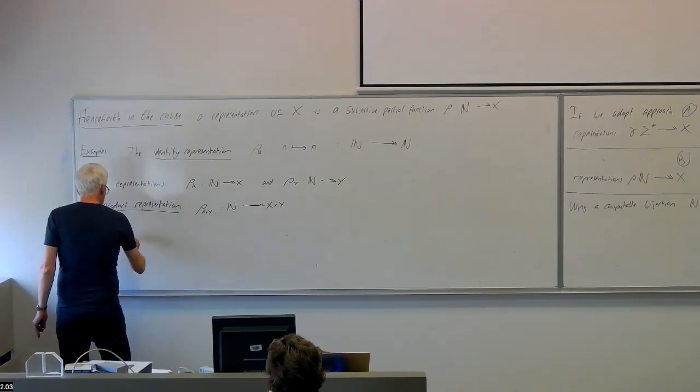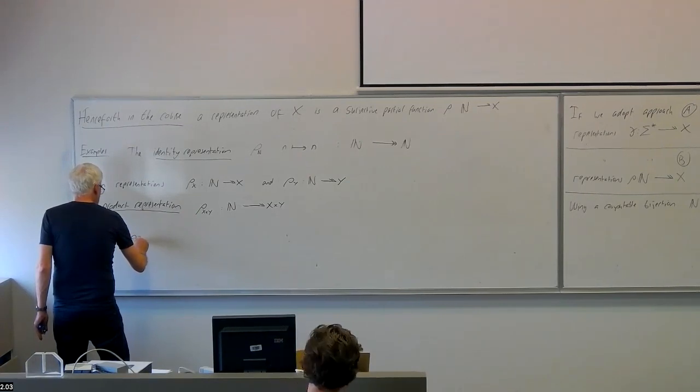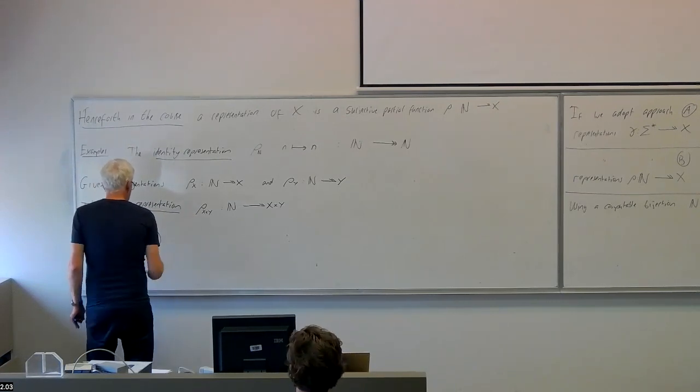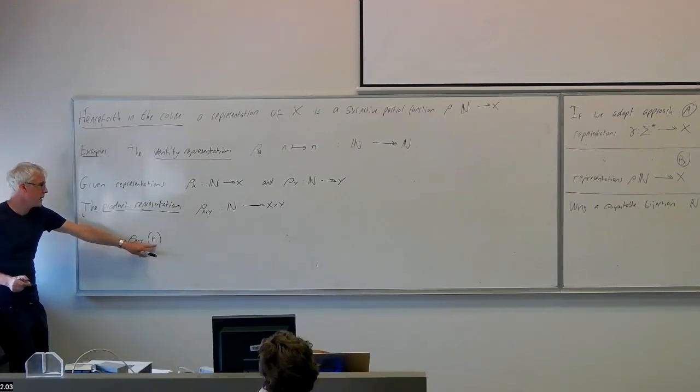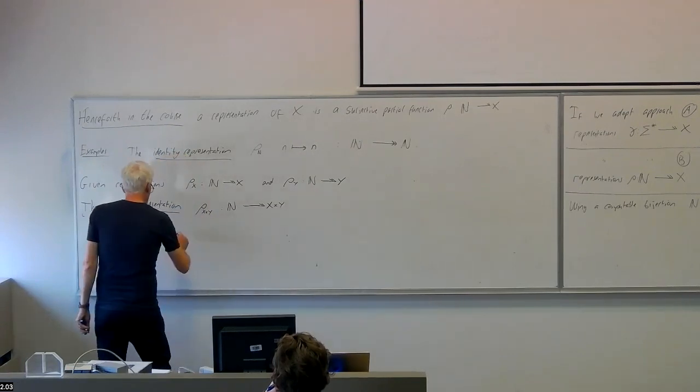So our representation is going to be that rho X times Y of a number n. So we're going to consider a natural number n as being a representation of a pair little x, little y.